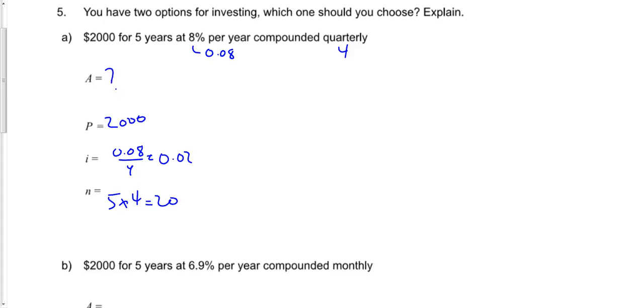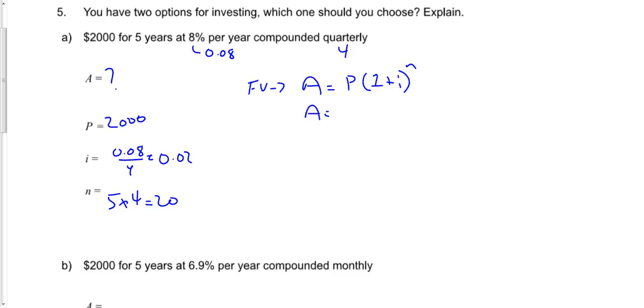Because this is a future value problem, I want to use the formula for future value. Again, this is my future value formula. So A is equal to P times (1 plus i) to the exponent n.